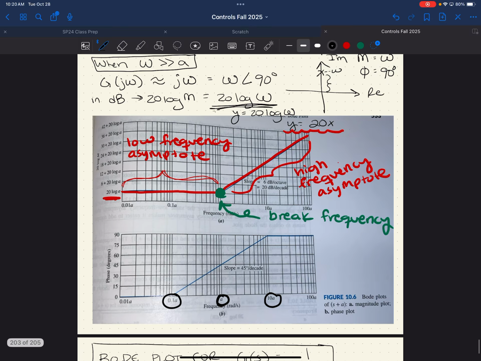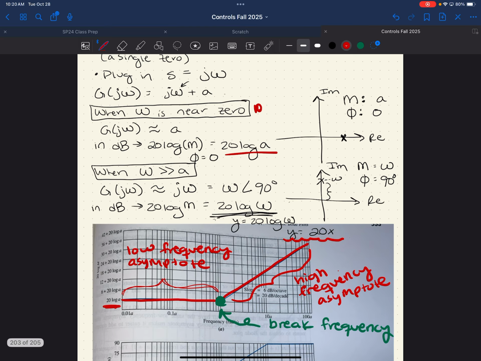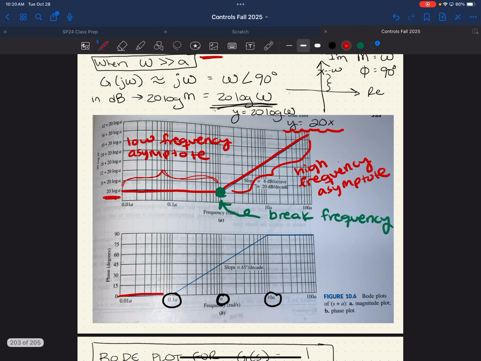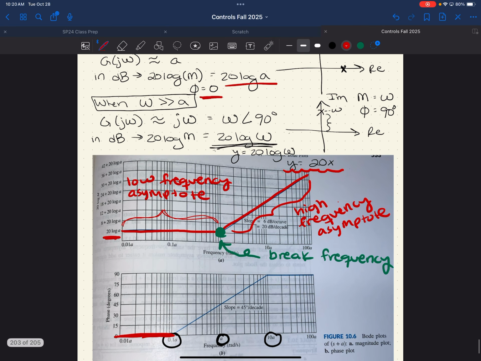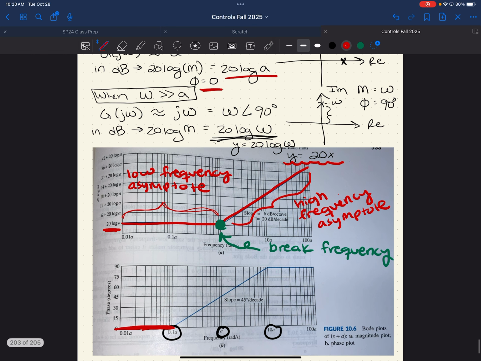And when I was at very low frequencies, when omega was near 0, my low frequency response here is a phase of 0. And when I got to a really high frequency, where omega was much, much greater than A, I was at a phase of 90.